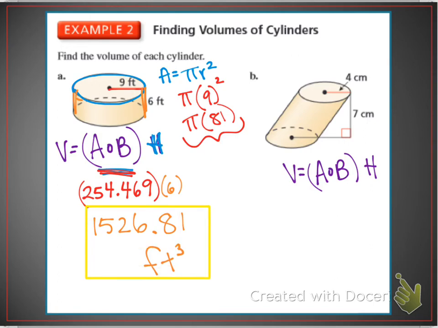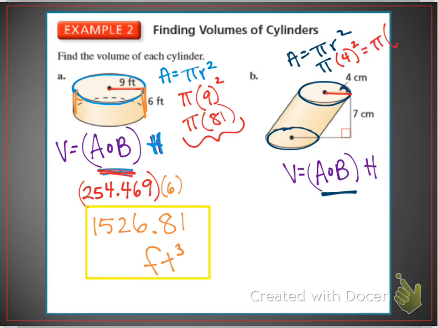The second one is a slanted cylinder, but it's the same idea. Find the area of the base. My bases are circles. Pi r squared. The radius is 4. So 4 squared is 16. So I'm going to multiply that, and we get 50.265.